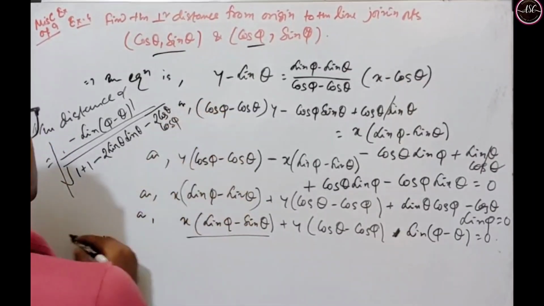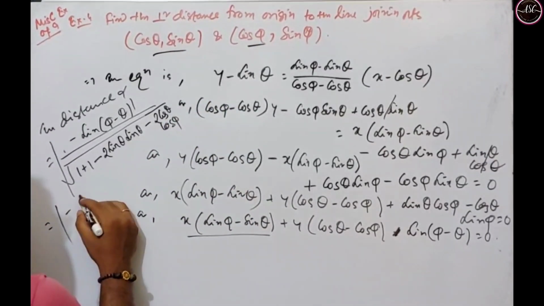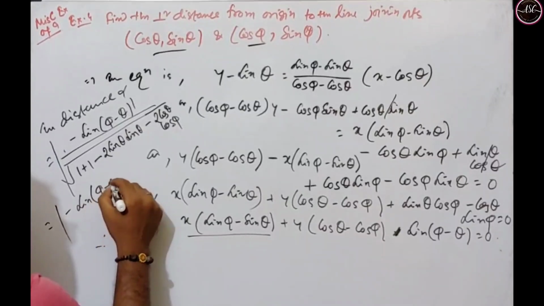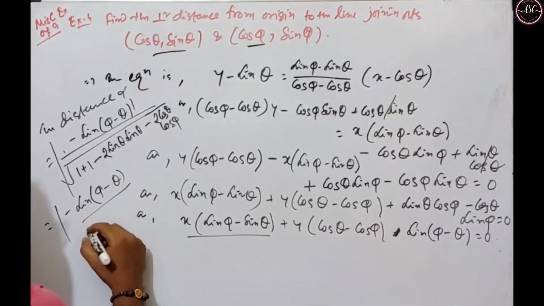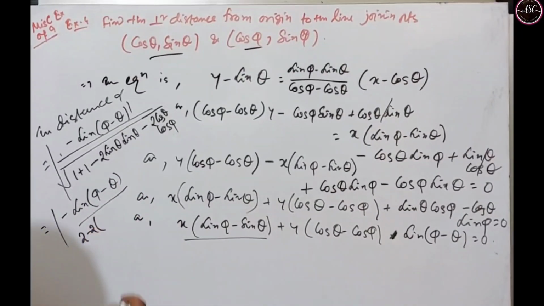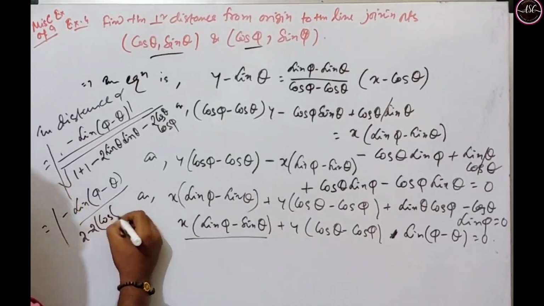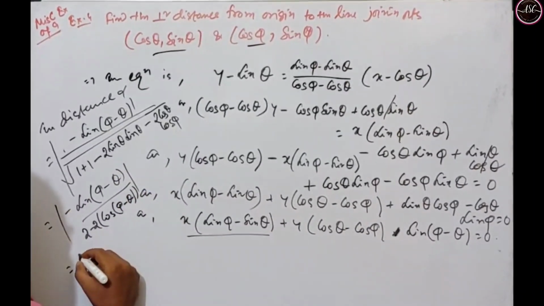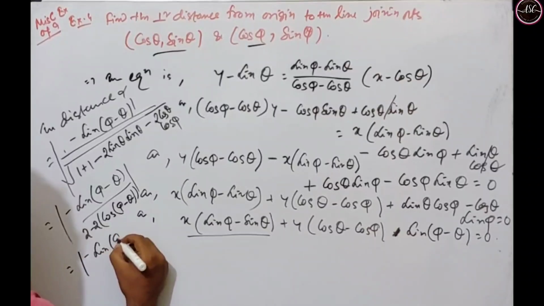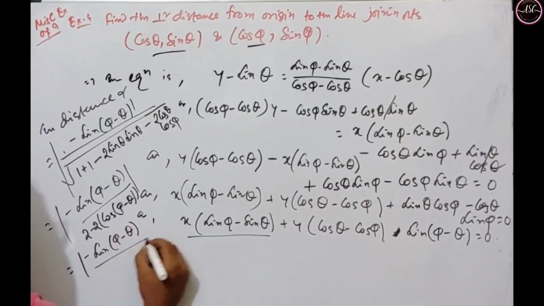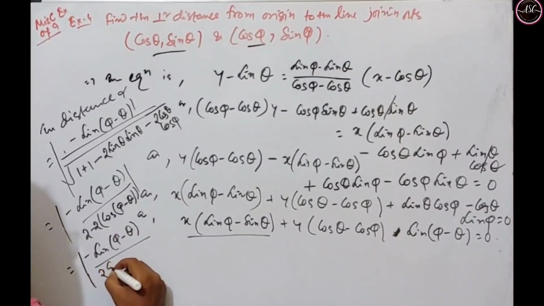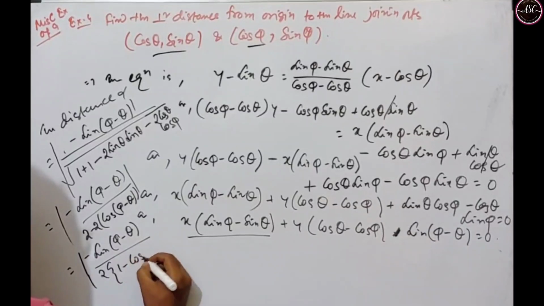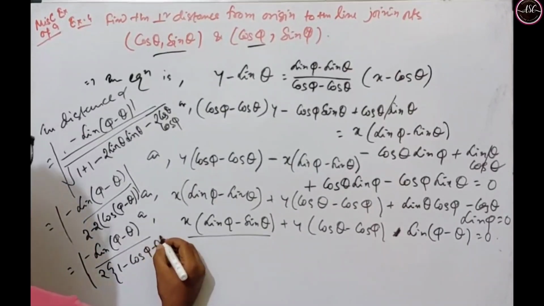Okay. So mod of minus sin(phi minus theta) divided by the square root of 2 minus 2 cos(phi minus theta), within mod. If we take 2 common, we have 1 minus cos(phi minus theta).